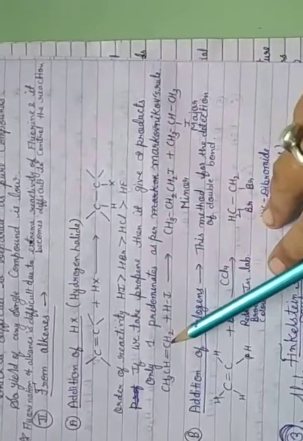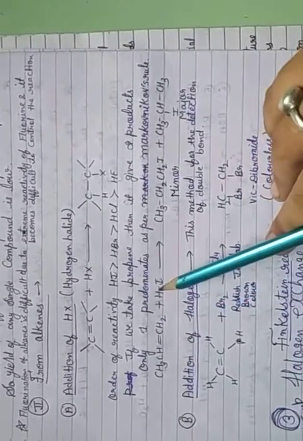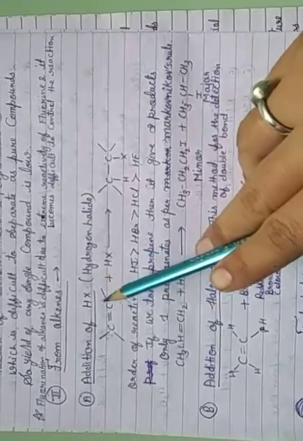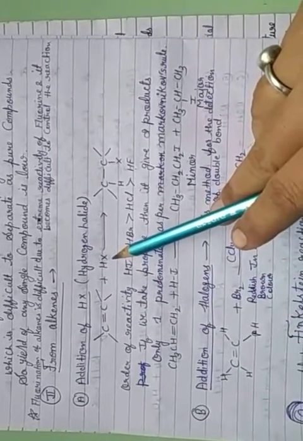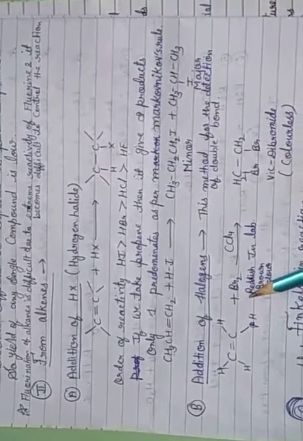From alkene there are 2 categories. First is addition of hydrogen halide HX, and second is addition of halogen.